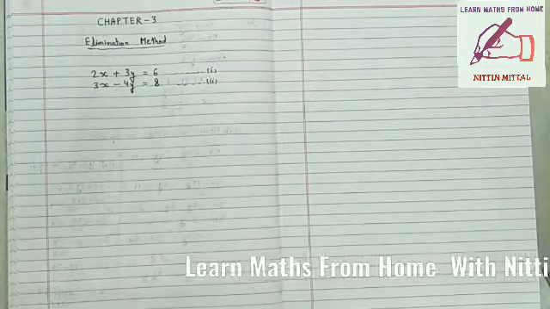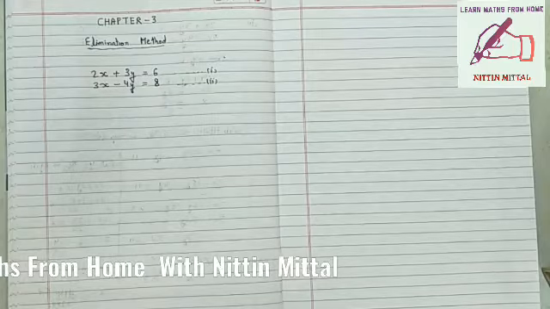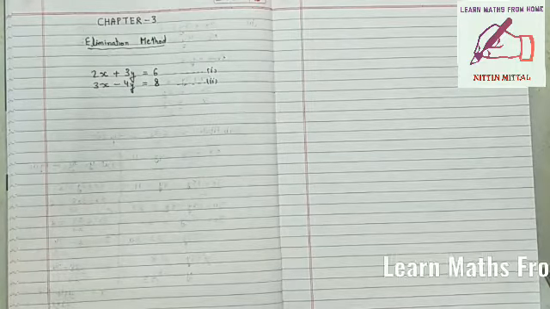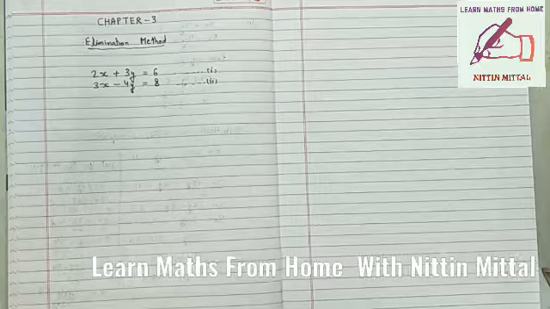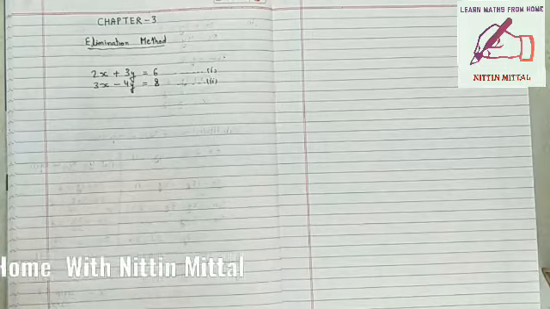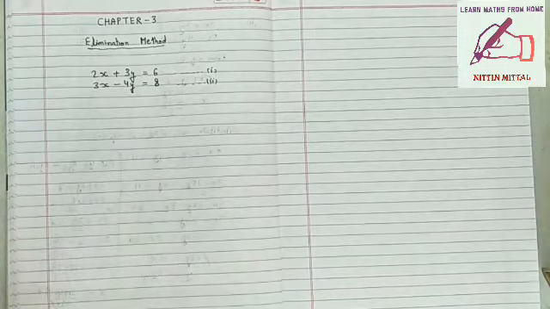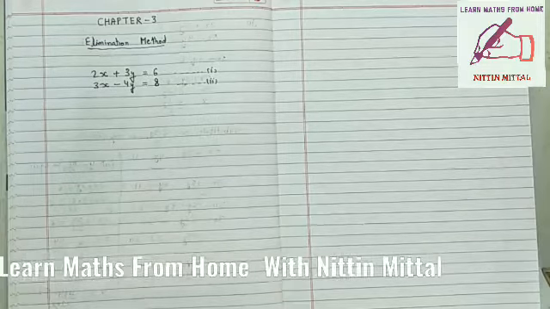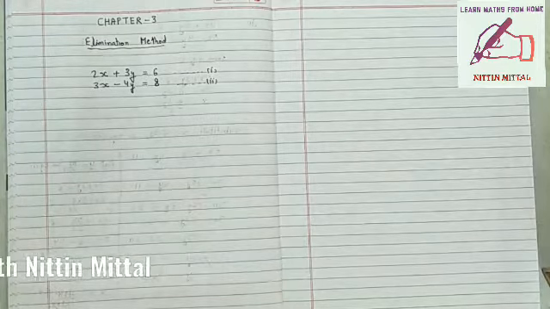We know that in an equation, if we multiply both sides by the same number, the equation remains an equation, it won't affect it, right? So using this property, we will equate the coefficients of variable x.